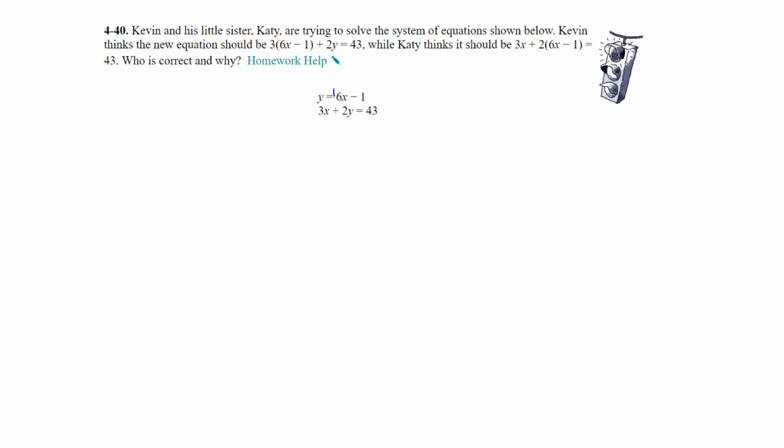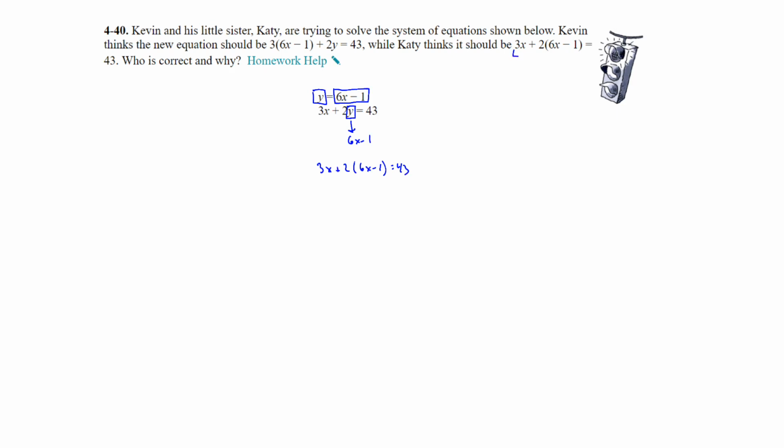Well, when we solve using substitution, these two things are equivalent. The y is equal to the 6x minus 1, so we should be able to replace the y with the 6x minus 1. So we should have 3x plus 2 times 6x minus 1 equals 43. So is that Kevin or Katie?